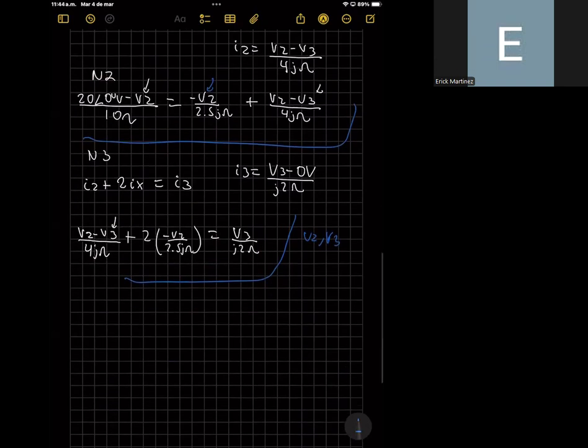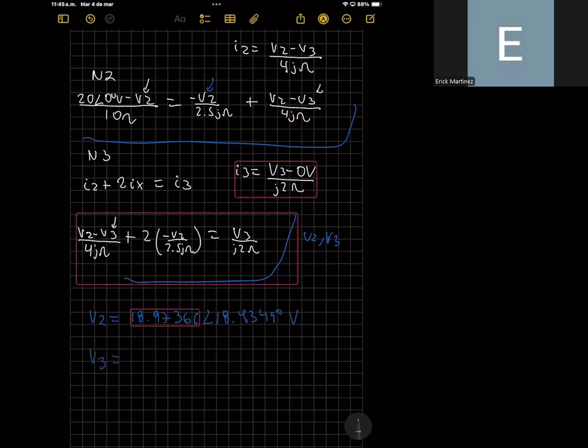Okay, and if you do that, you will notice that the voltage V2 should be equal to 18.9736 with an angle of 18.4349 degrees volts.